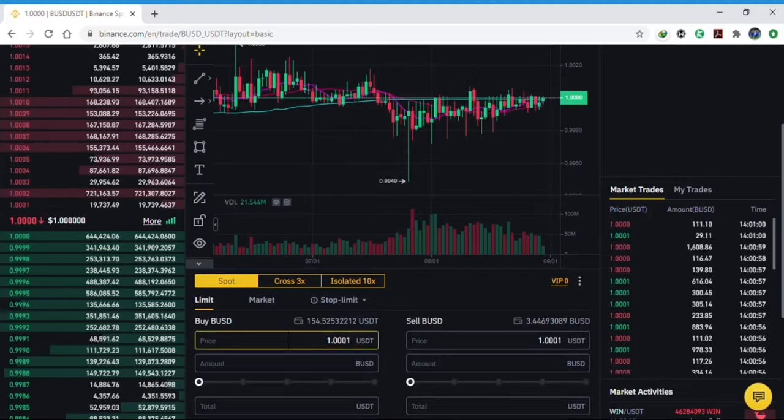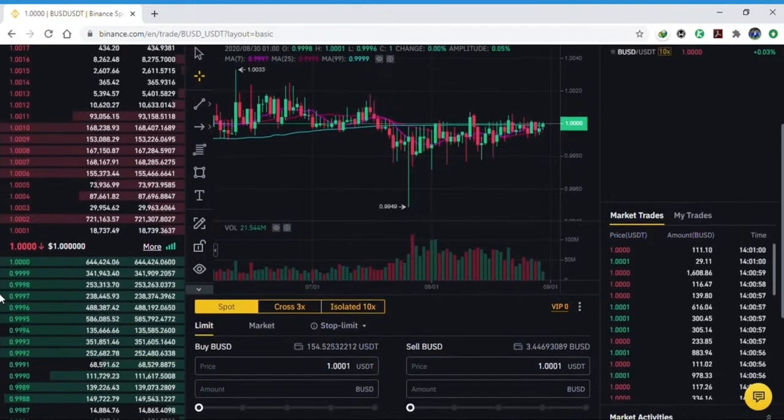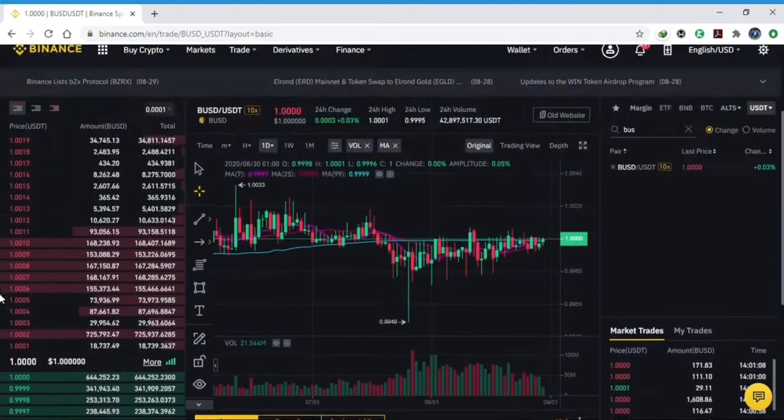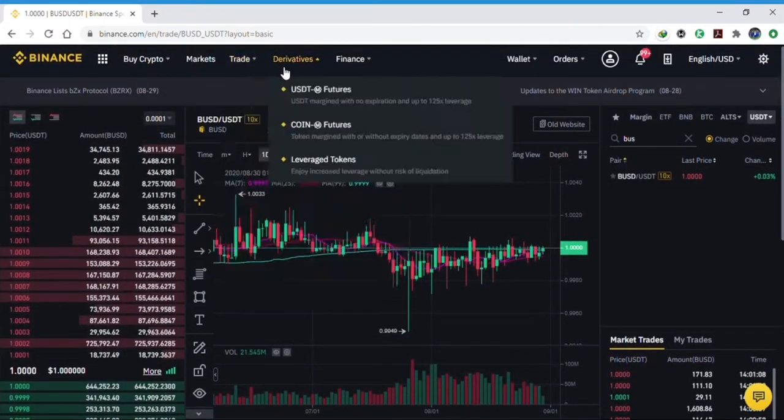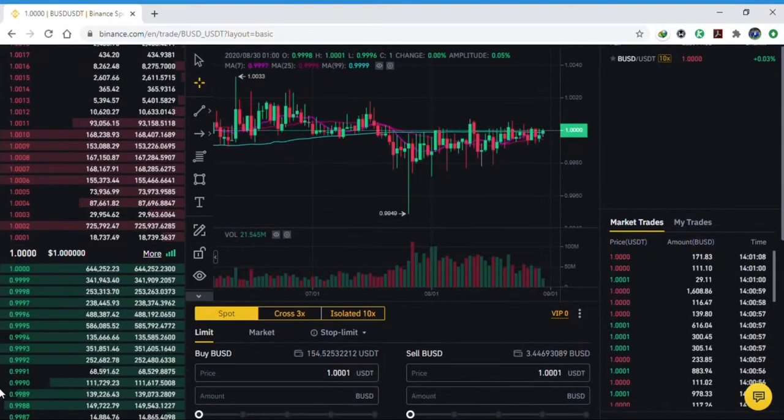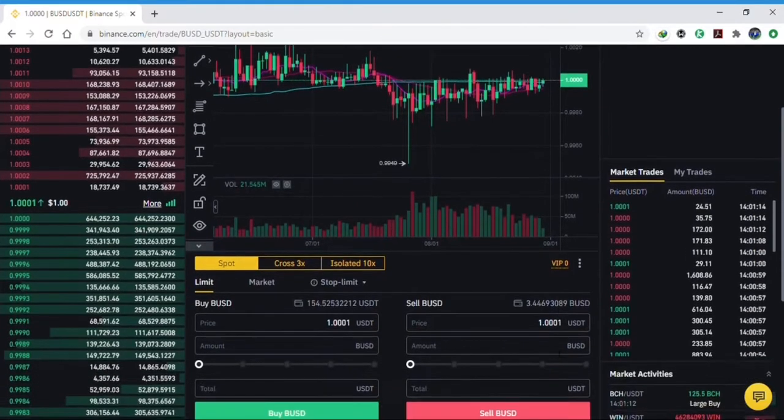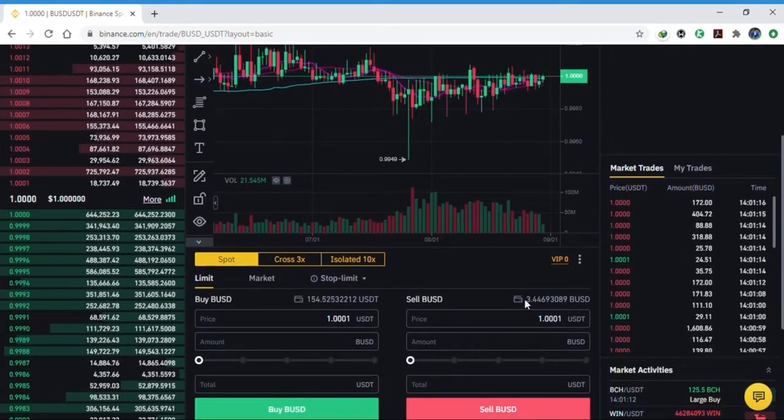So I can buy USDT to trade more pairs or futures, the derivatives, or I can sell my BUSD for USDT.